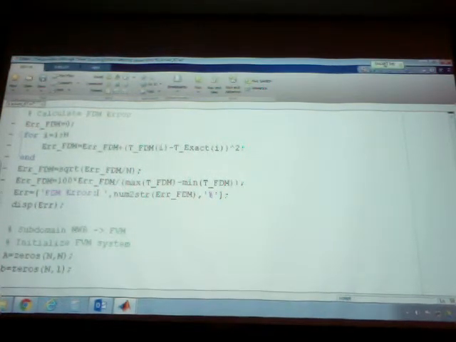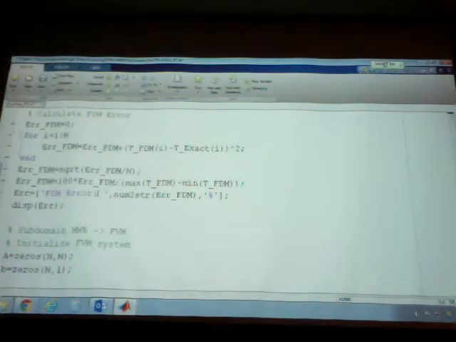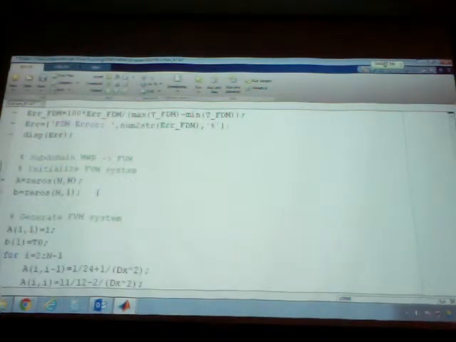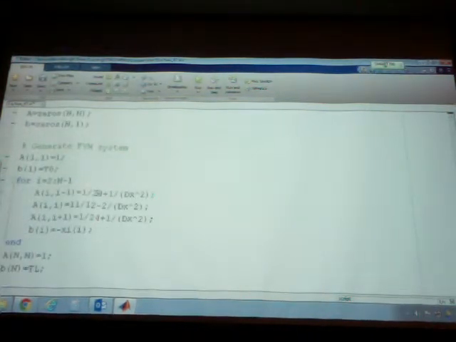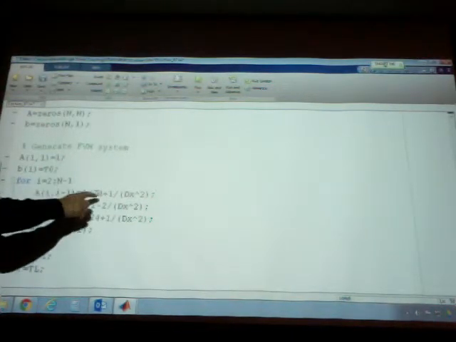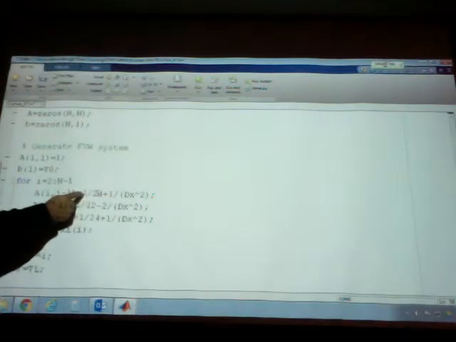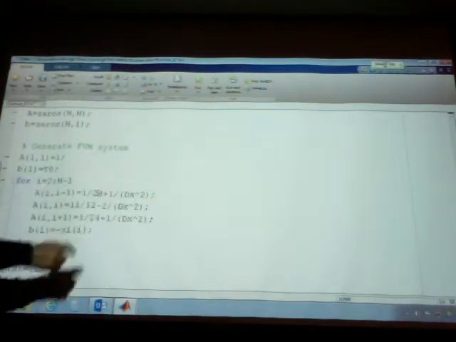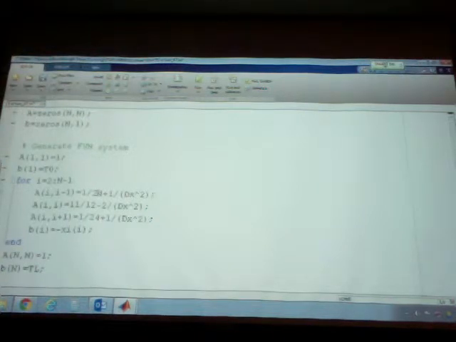All right. So then I'll do the same with FVM, and this almost looks identical because the resulting coefficients of the FVM, we did the integrations in class and all that, are almost identical. So here where we had 1 over delta x squared, we just have 1 over 24 plus 1 over delta x squared in the FVM.